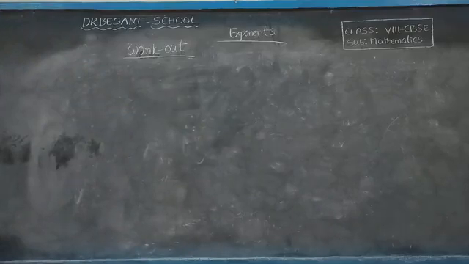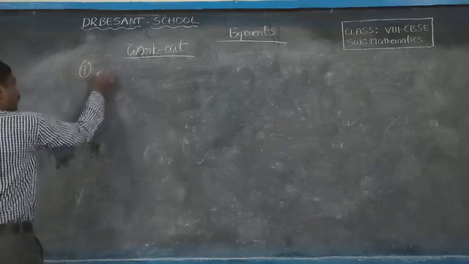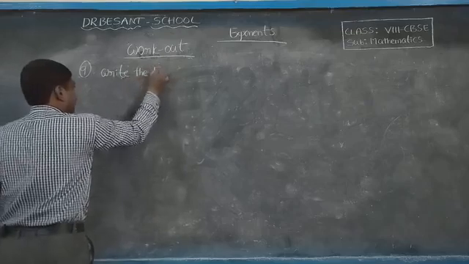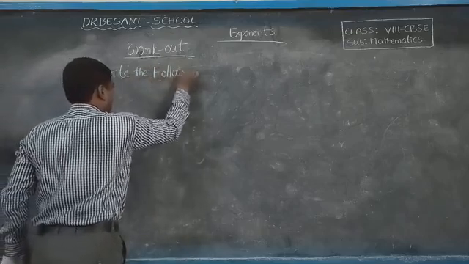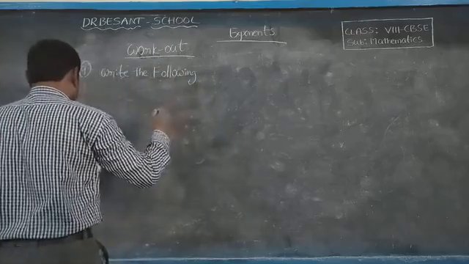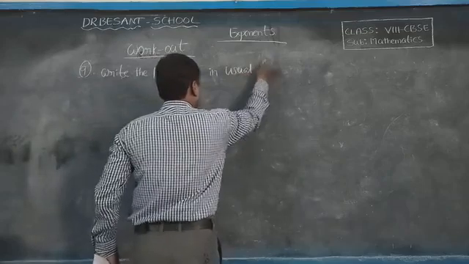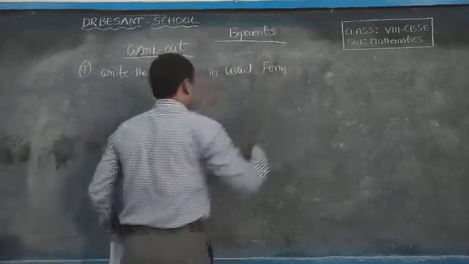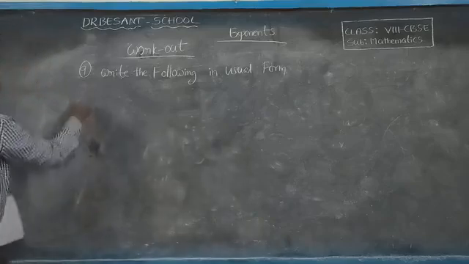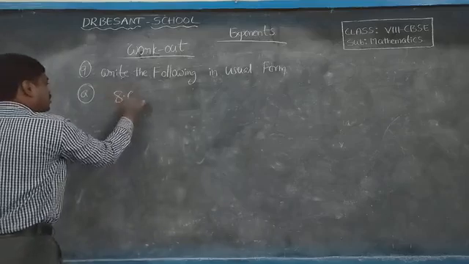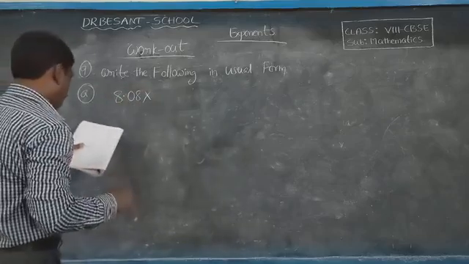Ninth one. Write the following in usual form. First, A: 8.08 into 10 cube.